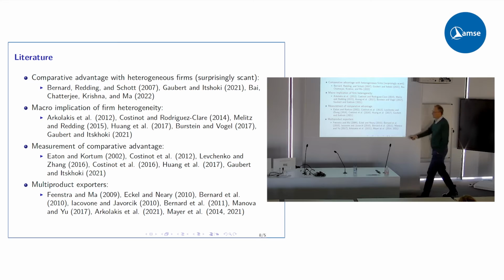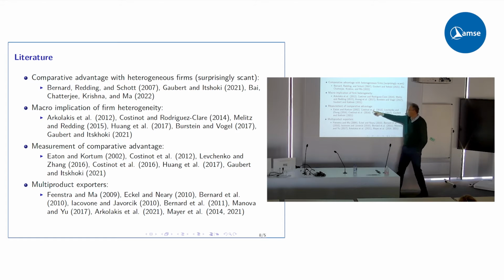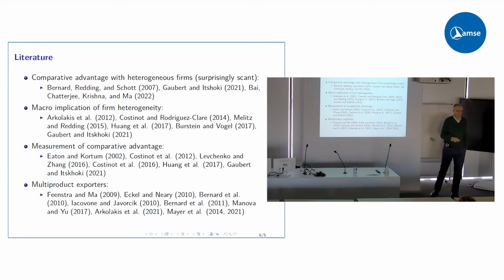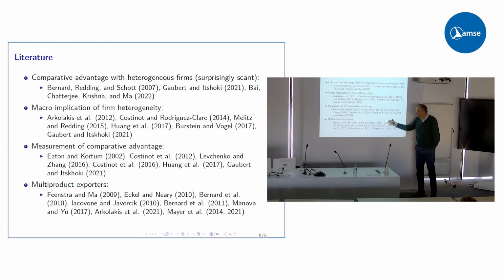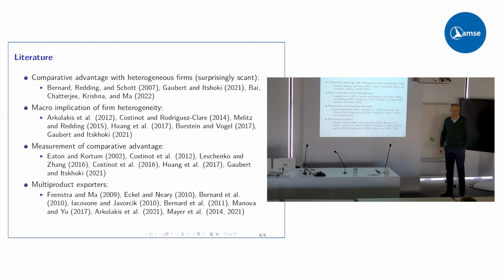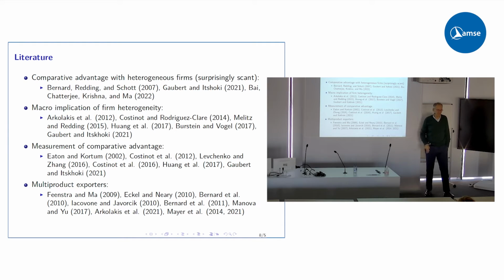Since Eaton and Kortum, a lot of papers have generally used inversion of quantitative models in order to measure comparative advantage. And since in the data we have this issue of multi-product exporters that are very important, we are also contributing to this literature. Something I want to clarify immediately is the measure of comparative advantage.